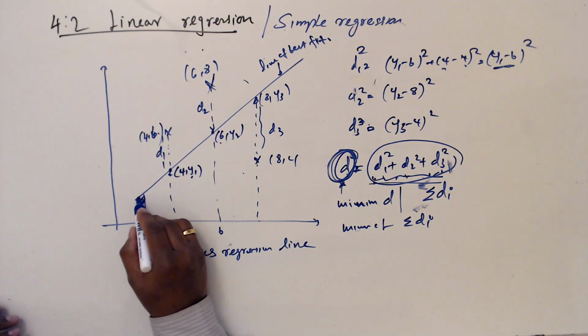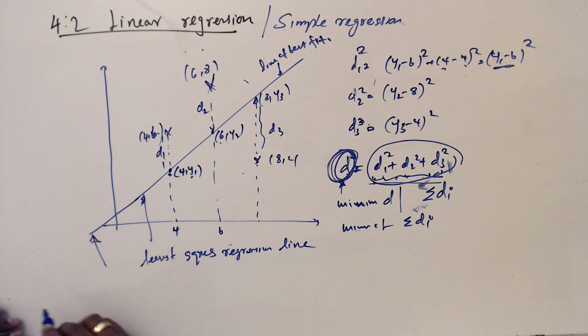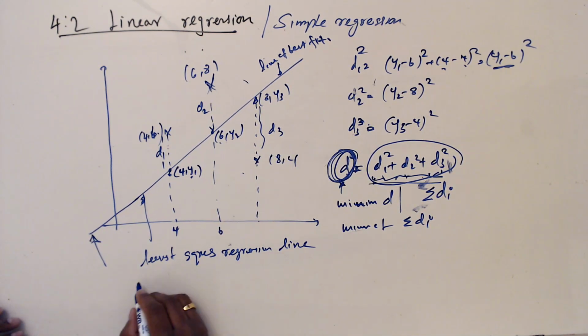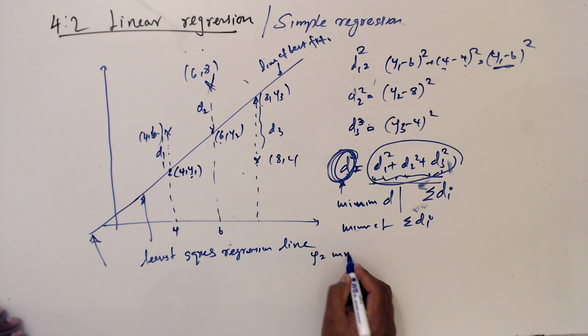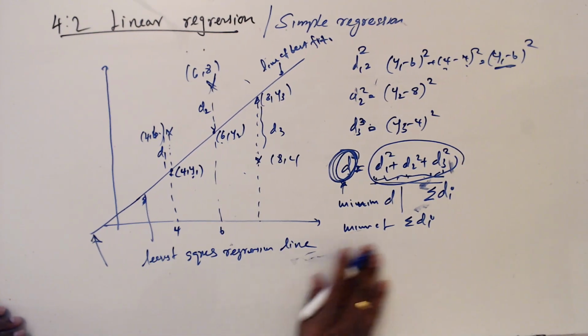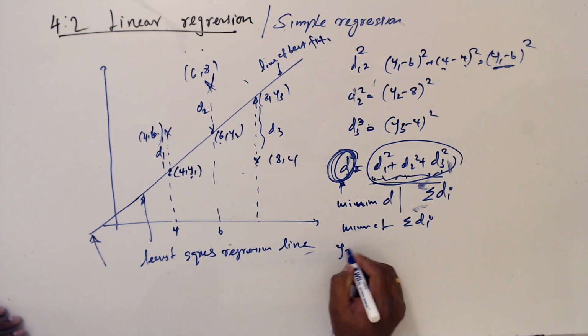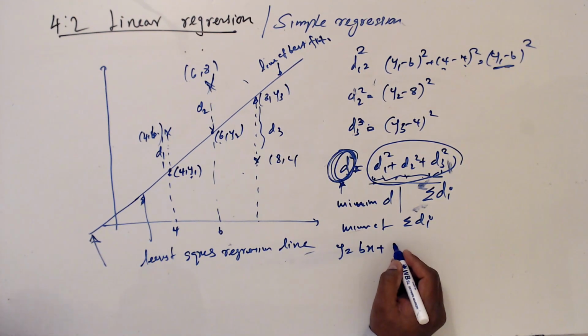And finally, this is still just a line. So this is, let's say, y equal mx plus c, or we'll say y equal bx plus a.